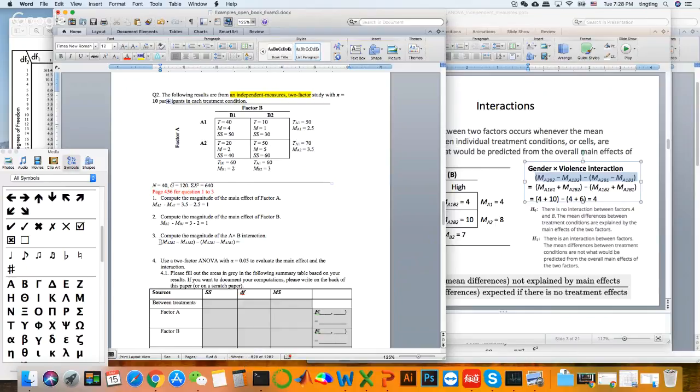We can see here this number 5 minus, right, the number on the same row 2, minus the effect of B on A1, which is 1 minus 4. So that means 3 minus negative 3, which is 6. So that's the answer.